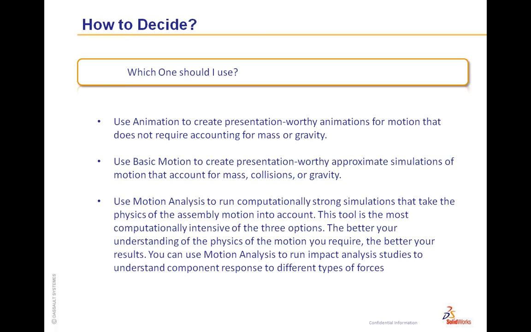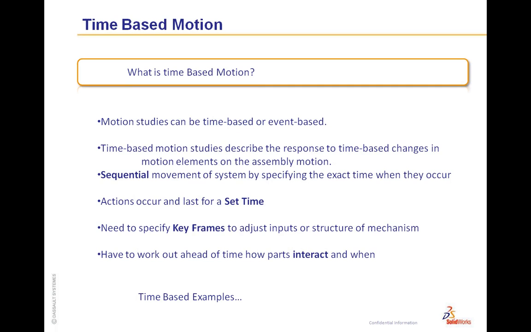You need collisions, you have parts that interact with each other in some way, but you're not worried about the result of the physics or a result of the motion. And again, motion analysis gets into more of the advanced physics, looking at those impact results and understanding the response and the forces involved. So that's generally the three things that you look at when trying to decide.